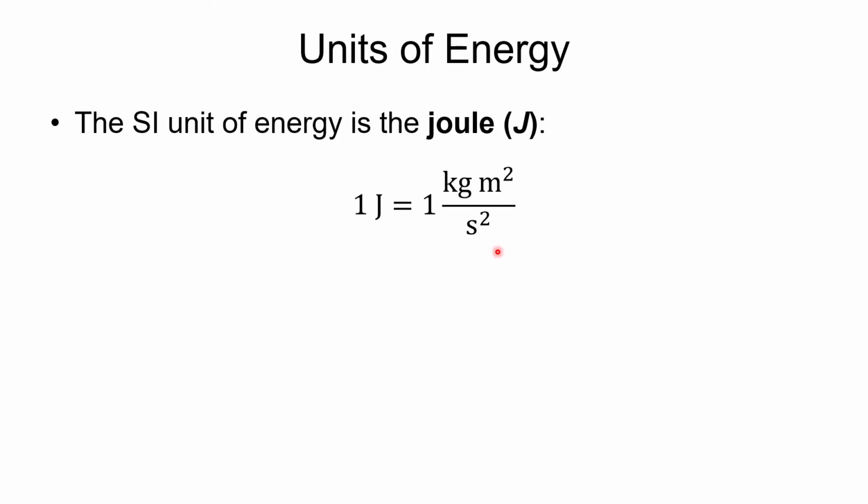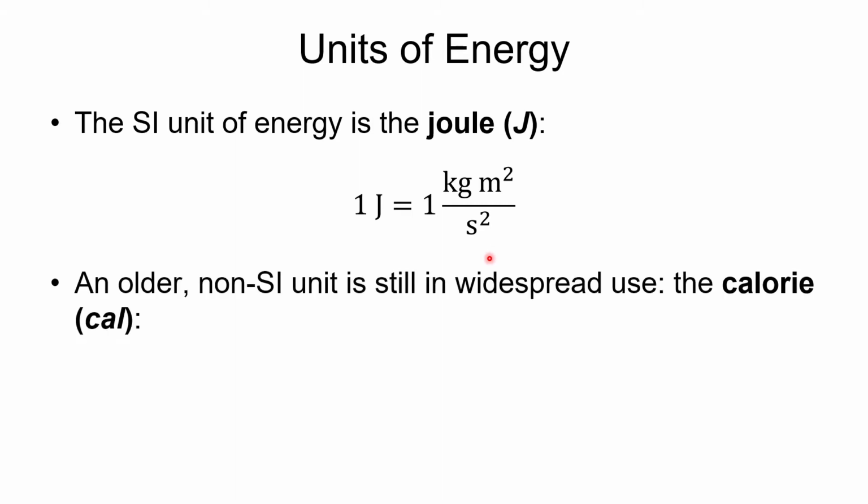There is another, an older term, and it does come from chemistry. It's still in widespread use, and in fact, you hear about it all the time, and it is called the calorie. It is a dated term, but in 1948, officially, a group of scientists got together and redefined what a calorie was to an exact number.